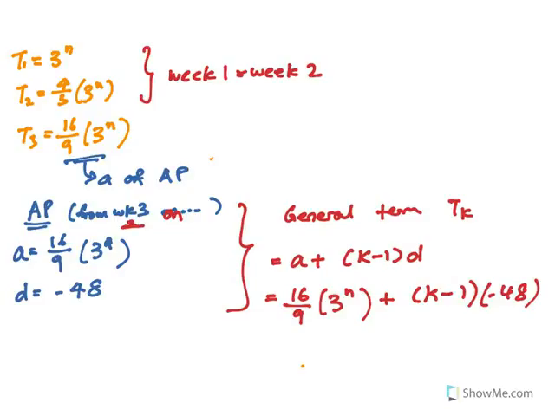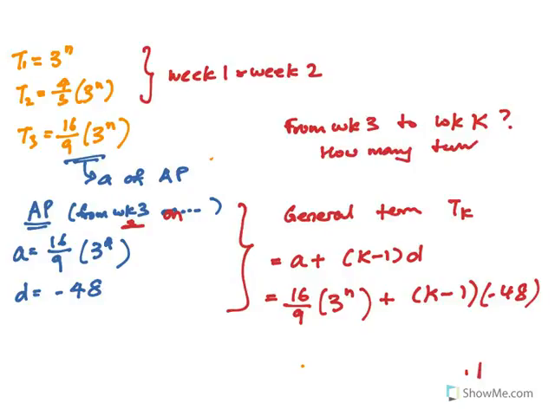So from week 3 to week K, how many terms do we have? I'm sure you can see, because you have done sequences and series, we actually have K minus 2 terms. K minus 3 plus 1. So over here, do we put K minus 1?